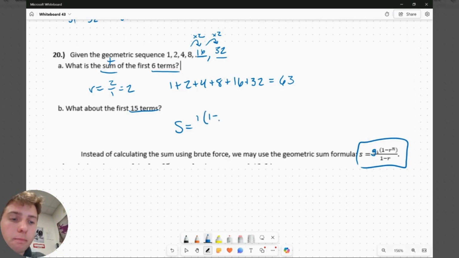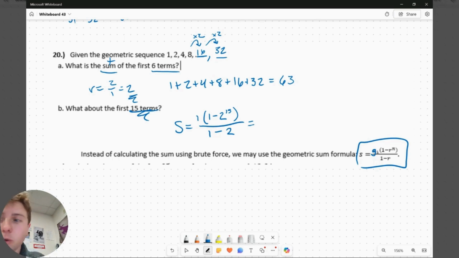Multiply that with 1 minus R. We said the R value is 2. Raised to the n. Remember, n is the value of the term. It's the term I actually care about. This is the 15th term, so I raise it to the 15th. All over 1 minus R, where again the R value is 2. We can use this formula just replacing the different parts.